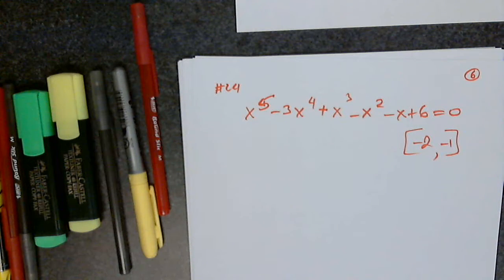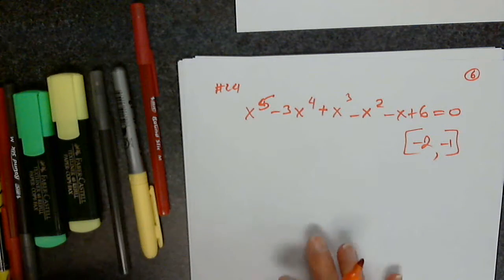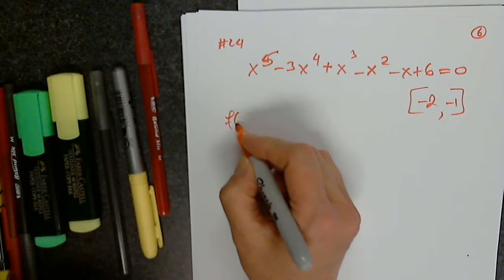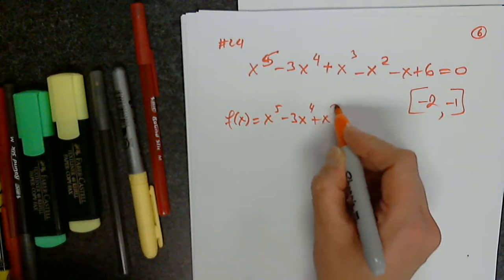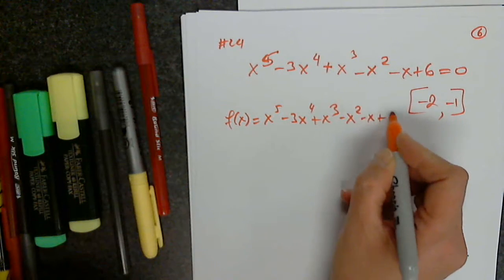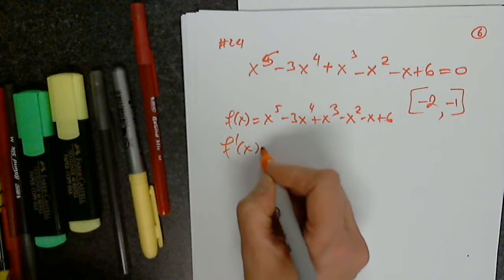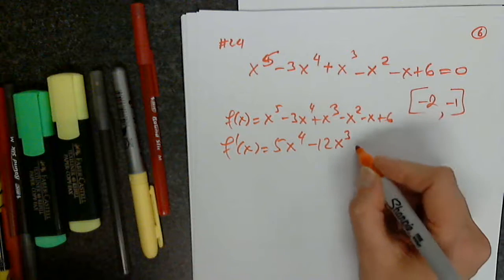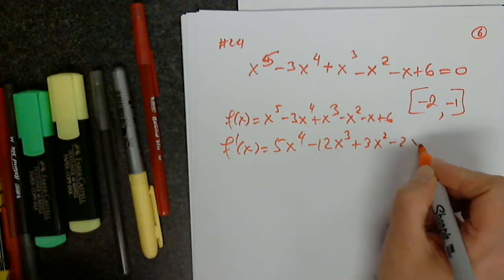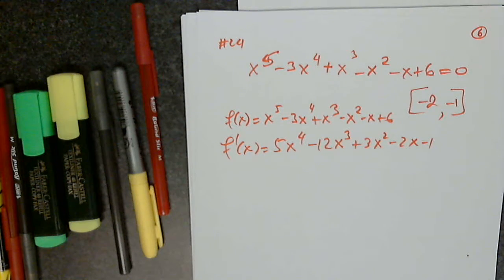Okay. So therefore, next step is I will denote all this by f of x. So this is my f of x, x to the 5th minus 3x to the 4th plus x cubed minus x squared minus x plus 6. And then f prime of x obviously will be 5x to the 4th minus 12x cubed plus 3x squared minus 2x minus 1. Agreed?